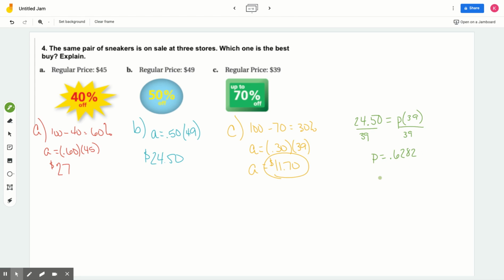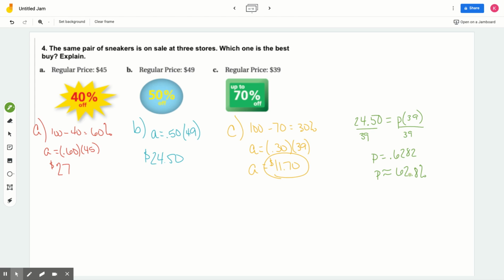So we can now change this to a percent and say that this is approximately 62.8%. So what this is telling us is that at paying 62.8% of the amount, we are going to be getting the same or lesser price.